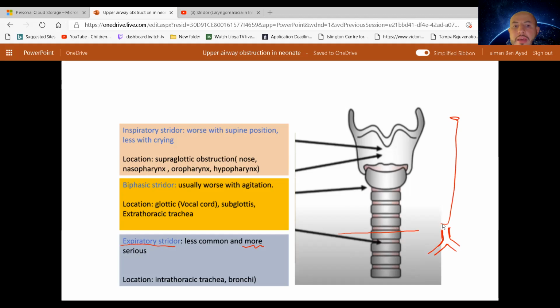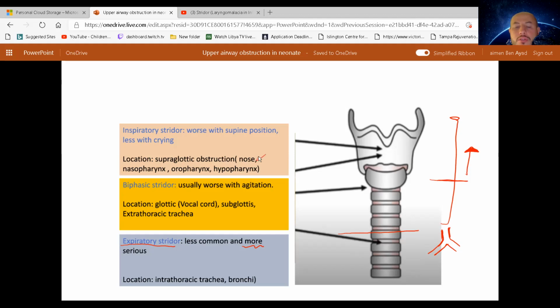Also, we said anything above is called extrathoracic. We divided it into supraglottic, glottic, and infraglottic, correct? We said any obstruction above the vocal cord usually gives you inspiratory stridor. So inspiratory stridor is usually a supraglottic obstruction.